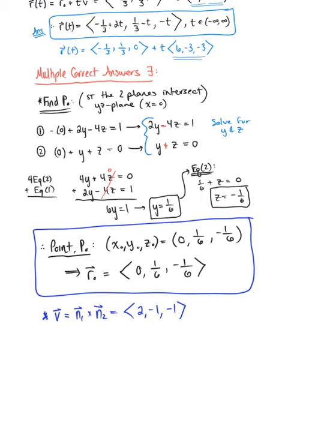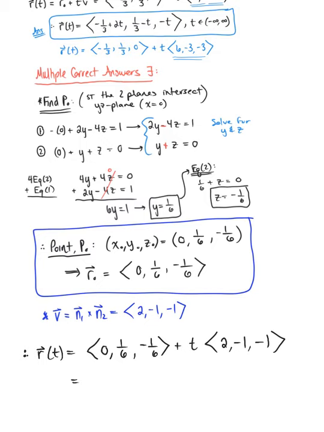And I want to make sure that you can still see that original line. So another correct answer is the vector valued function r of t, where we have the position vector 0, 1/6, -1/6, plus t multiplied by that parallel vector 2, -1, -1.